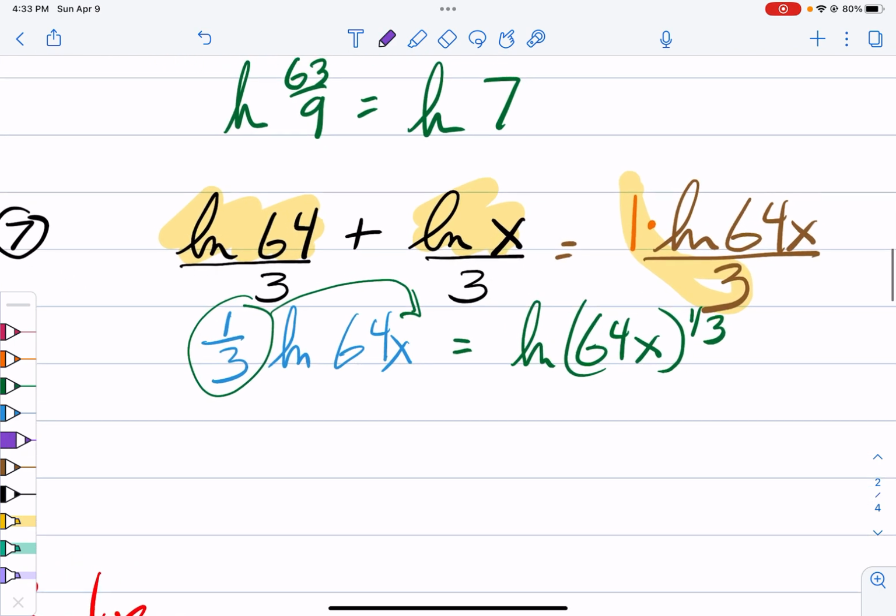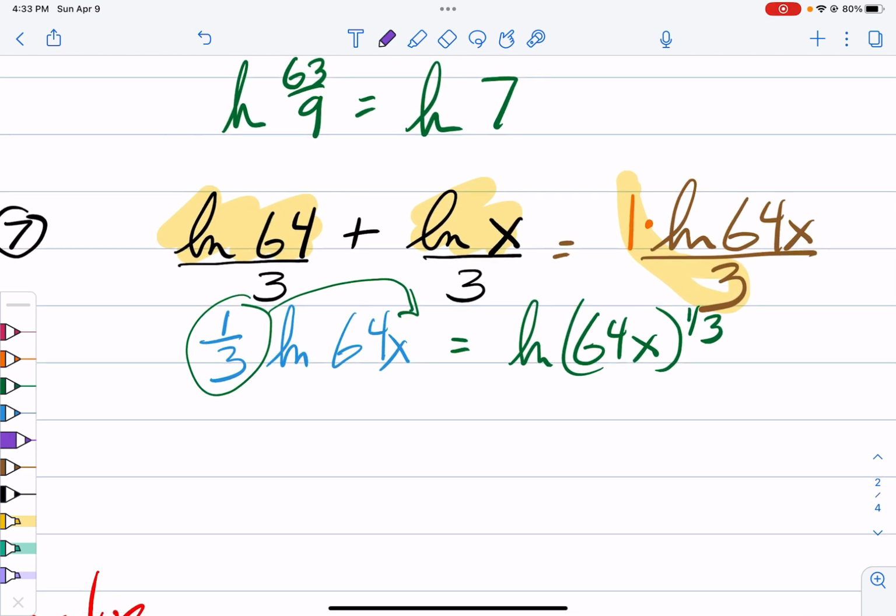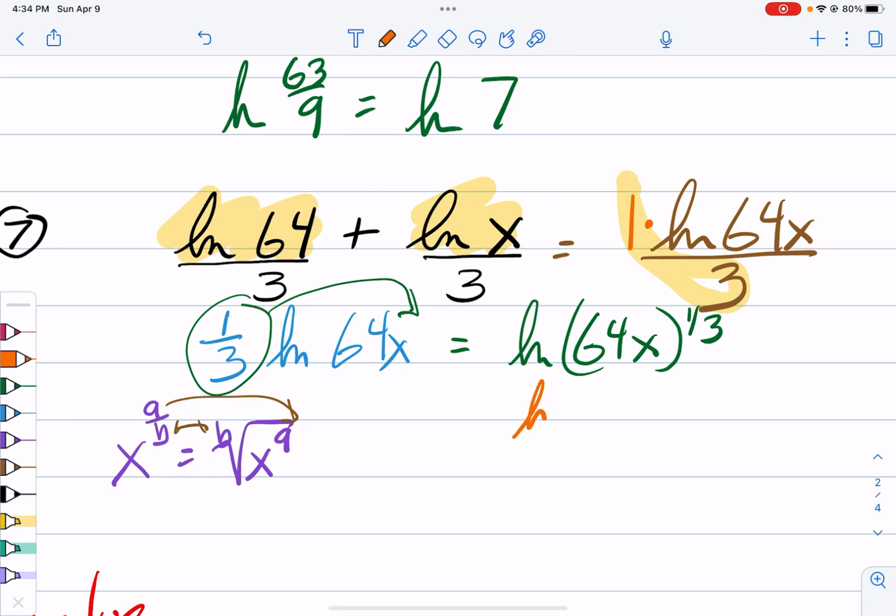Now we wrote a little note on exponential fractions. We wrote a note last time in our properties of logs that x to the a over b equals the b root of x to the a. So the denominator is our root and the numerator is our exponent. So for this log to the 1/3, the 3 is our root number.